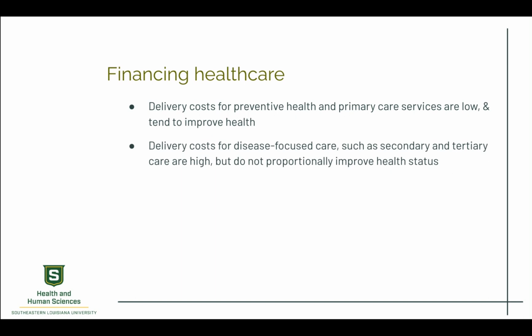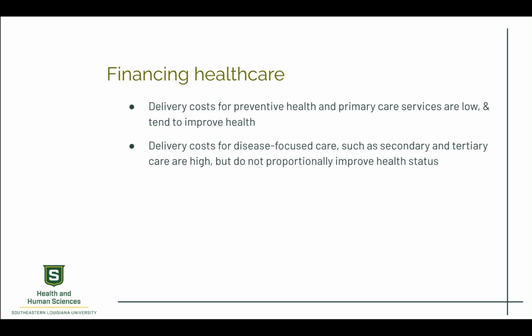And when service delivery is disease focused, such as the one that you find in secondary and tertiary care, the cost of delivering the services is often quite high, and this is not proportionate to the health outcome.